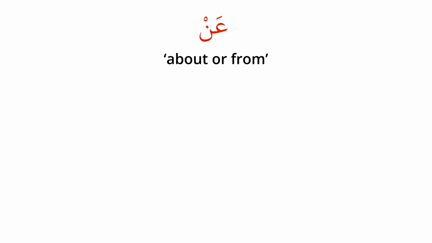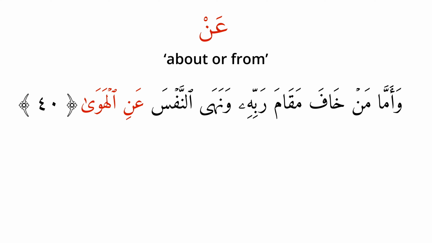In Surah An-Nazi'at, Surah number 79, verse 40, Allah says, وَأَمَّا مَنْ خَافَ مَقَامَ رَبِّهِ وَنَهَى النَّفْسَ عَنِ الْهَوَىٰ. So the genitive phrase, that is jarun wa majrur, we see here is anil hawa, which means from unlawful desires or inclinations.